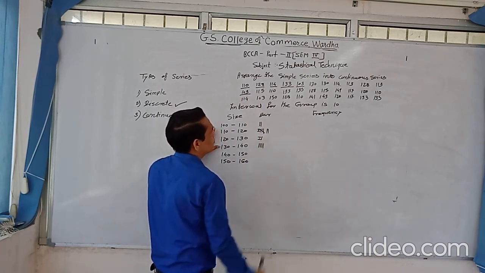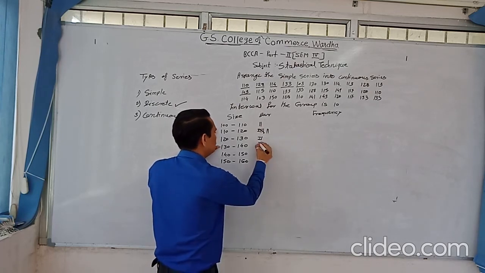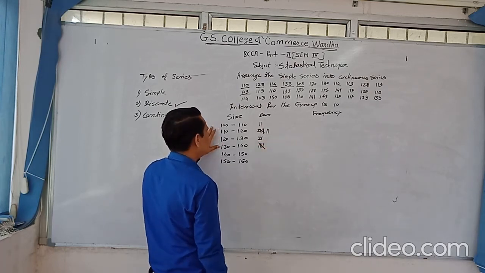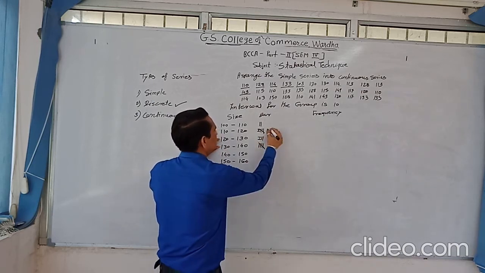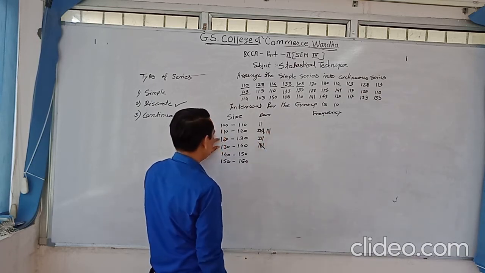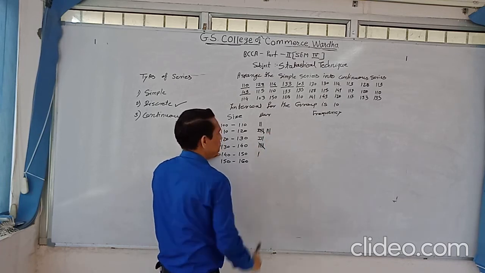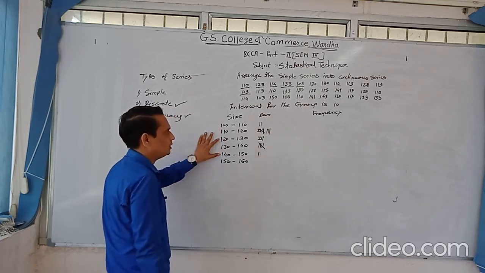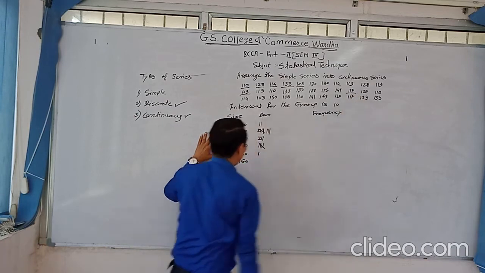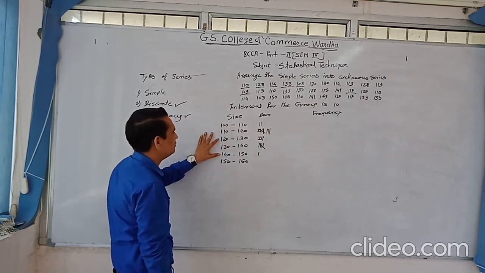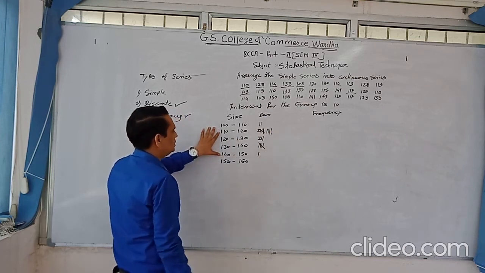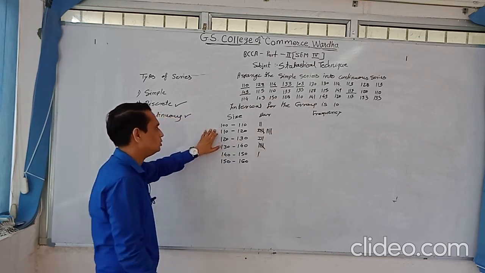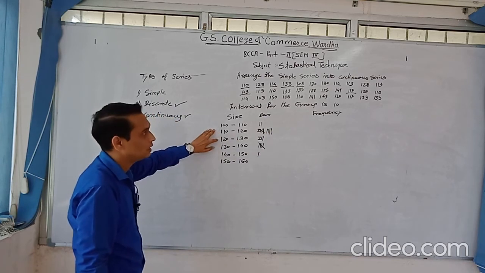133, fourth group. 135, fourth group. 128, third group. 115, second group. 149, fifth group. 147. 117 is included in the second group. 120 is not included in the second group but included in the third group.